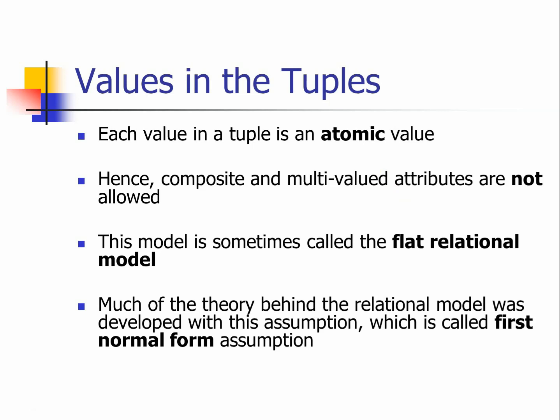When it comes to the conversion of the ER model to relational schema diagram, we will have very detailed step-by-step operations to describe how we do those operations. So, since all the values that we want to store have to be atomic value, this model is sometimes called the first relational model, or what we call the first normal form.